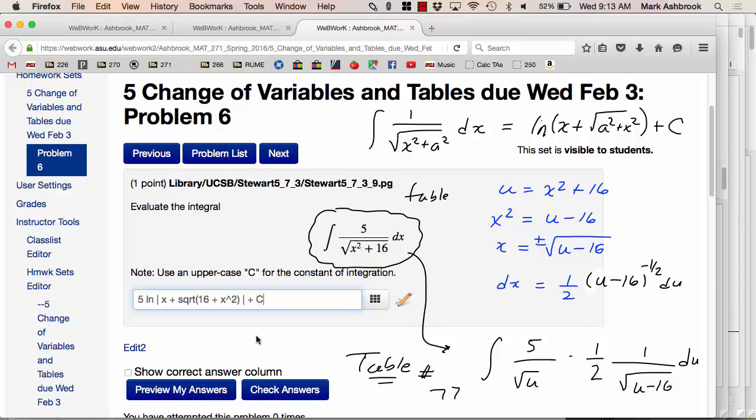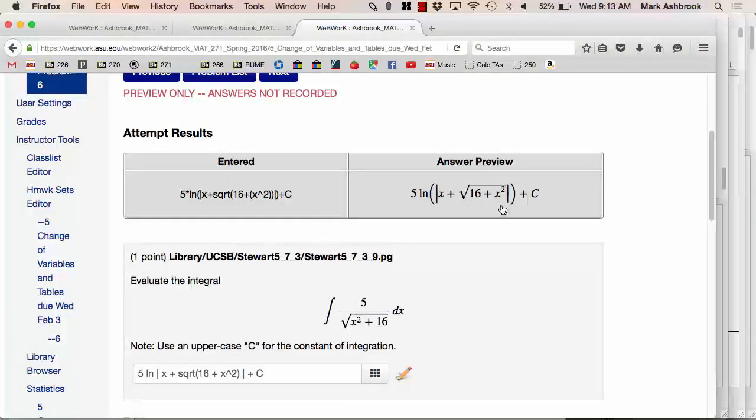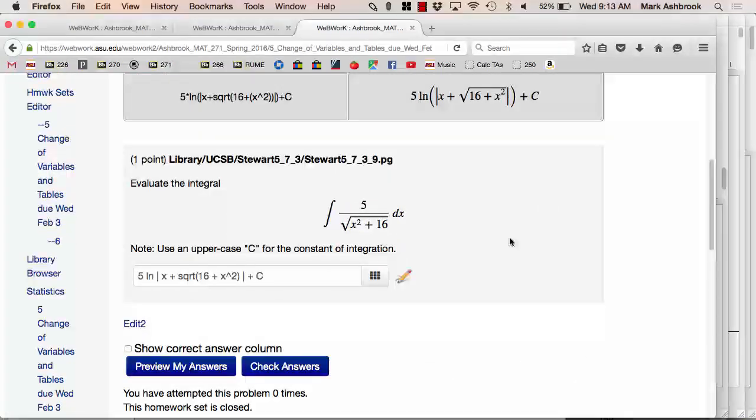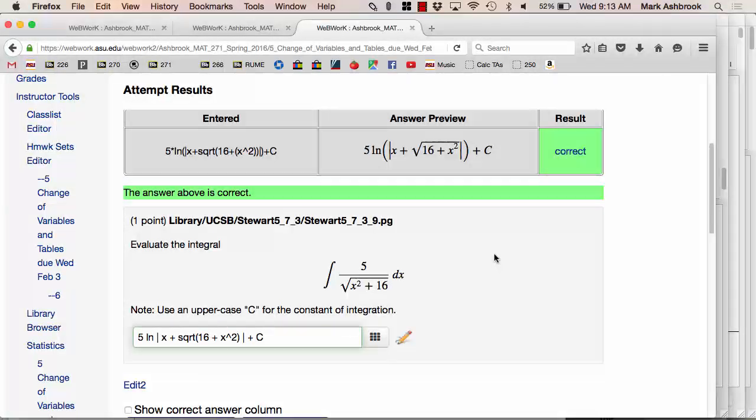Did I follow the formula correctly? x plus square root of 16, looks like I did. And we can preview it. Is that what we wanted? So that's the idea of tables. You just find the one that's similar and apply the answer. Okay? That's the idea of table integrals.